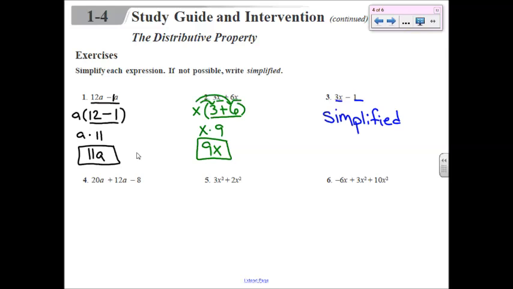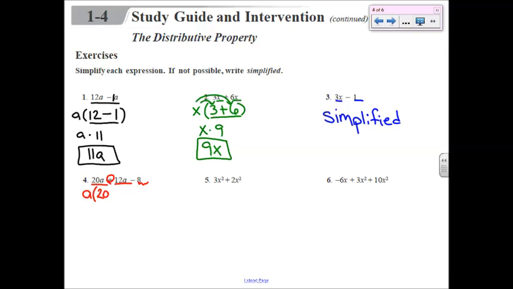In number 4, I have 3 terms, but only 2 of them are like terms. I have 20a and 12a. 8 doesn't have an a with it, so I can't combine it with anything. So I'm going to take the 20a and 12a, and just like I've done in number 1 and 2, I'm going to pretend like the a must have been out front, and that leaves me with 20.